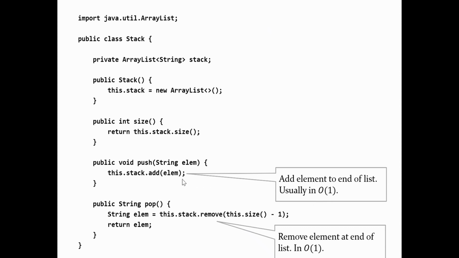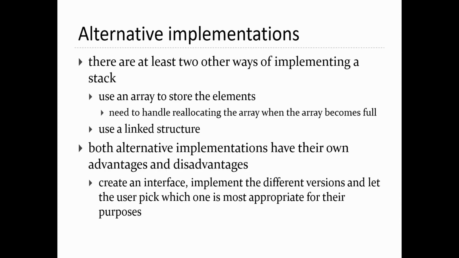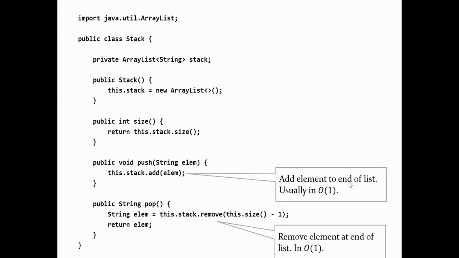When you push an element onto the stack, when you add an element to the end of an array list, it's usually O(1). But every once in a while, it's O(n). And I'll explain. The reason it becomes O(n) is because if you have an array list and internally it has an array of, say, 5 elements, then when you add the 6th element to the list, it has to make a new array because it needs space to add the 6th element.